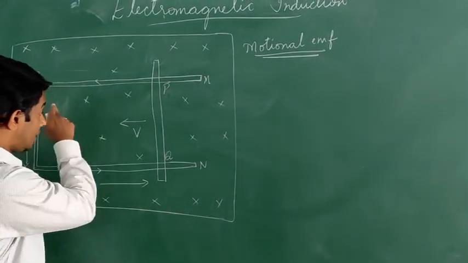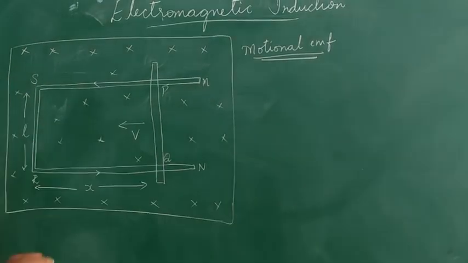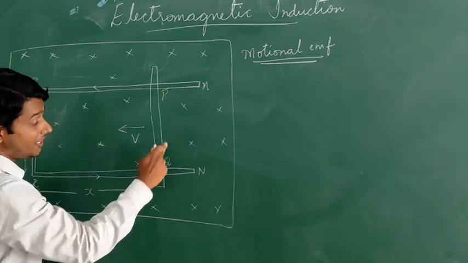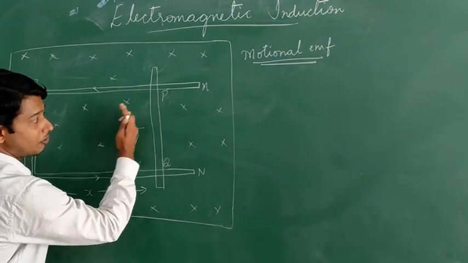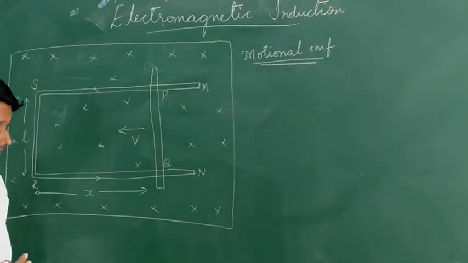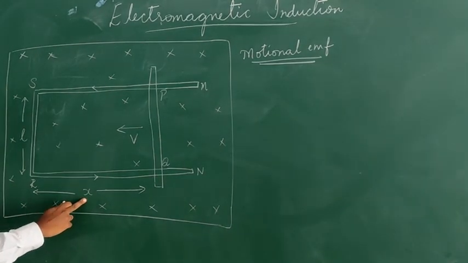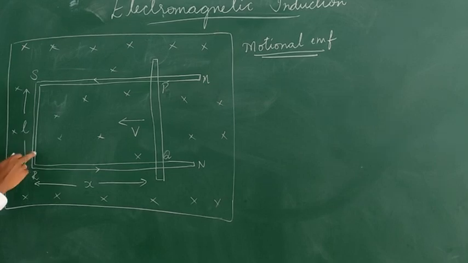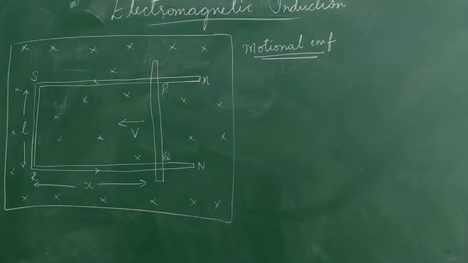PQRS is a rectangular conductor. PQ is the movable part which could be moved to and fro. Then let X be the distance between PQ and RS.